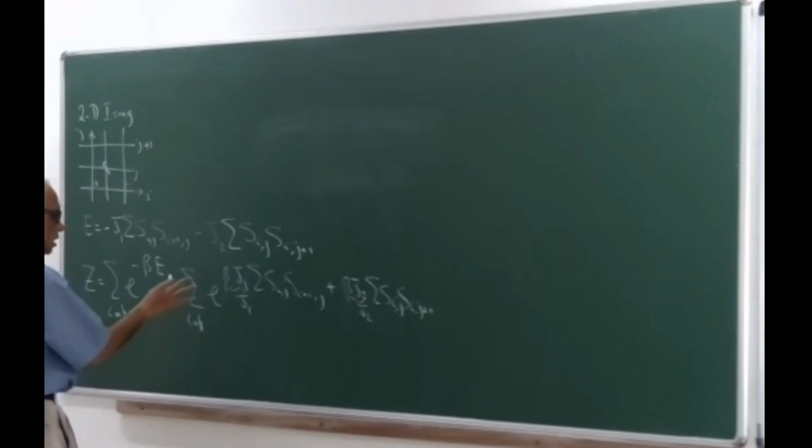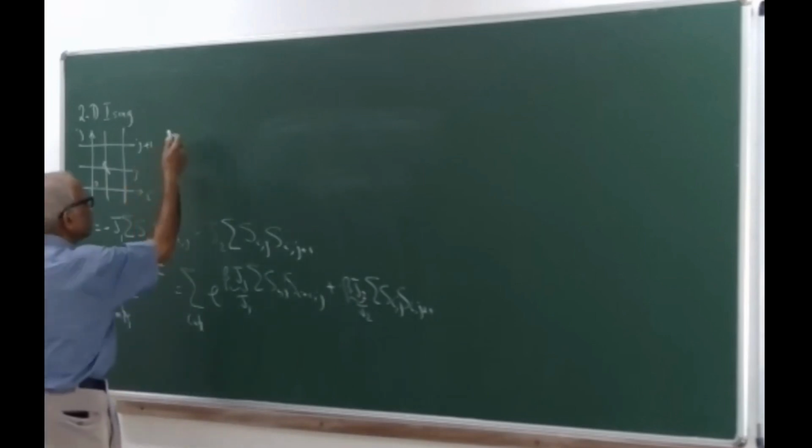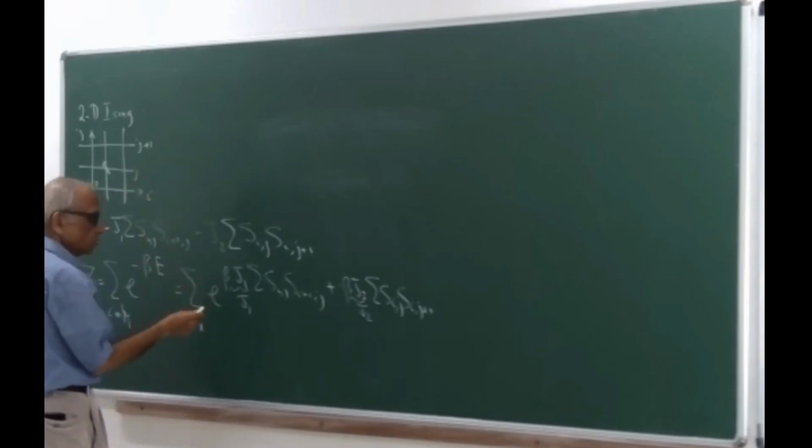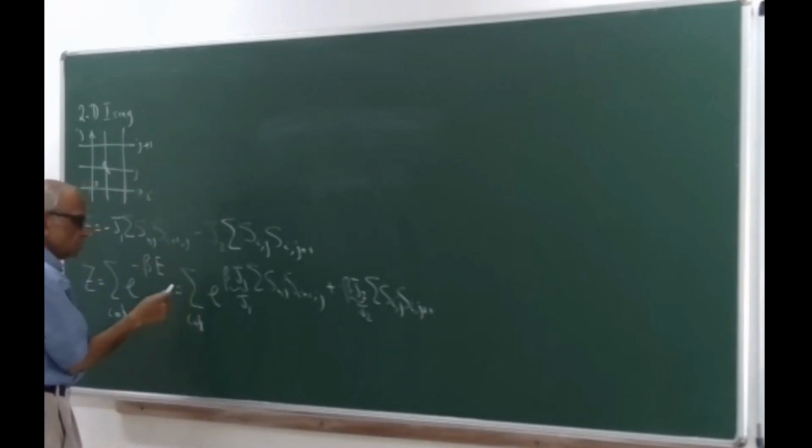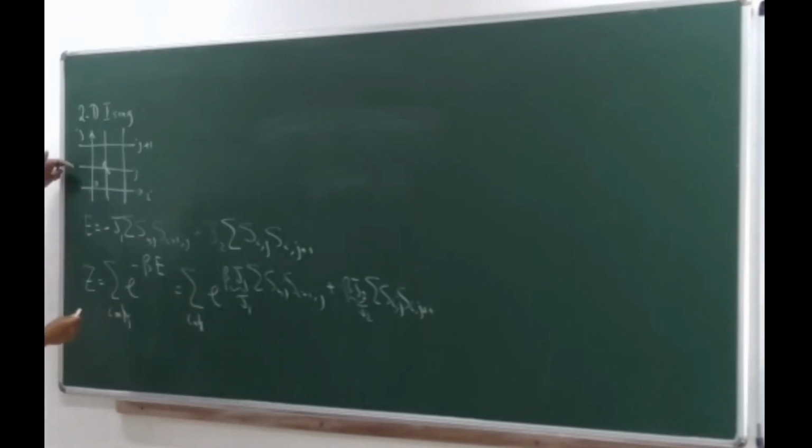That is the part which we were focusing on. There is this part from j to j plus 1, which is the analog of the transfer matrix which we did for the one-dimensional case.